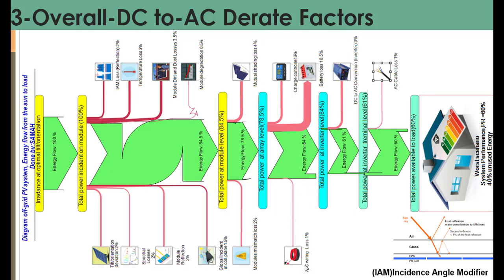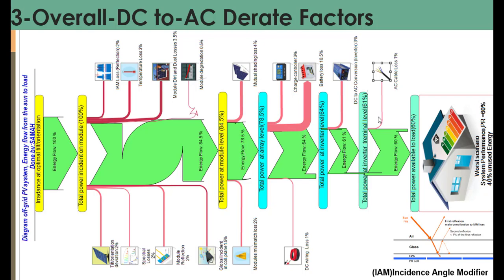Also we have wiring losses, DC wiring losses, and this represents the flow chart with a specified percentage, as we see, till the power reaches the appliances in the home.